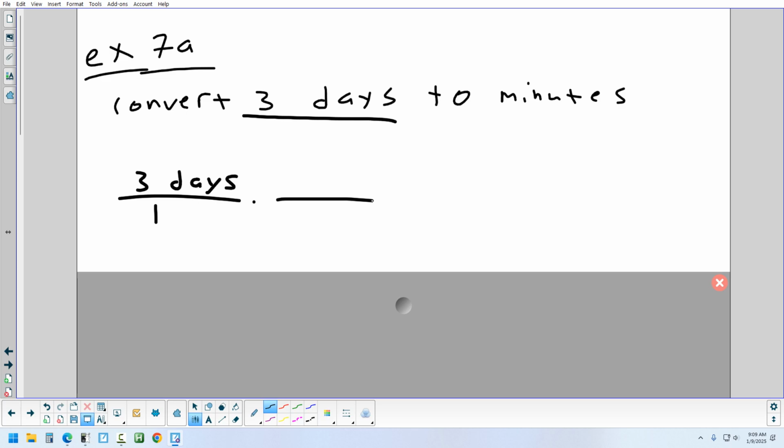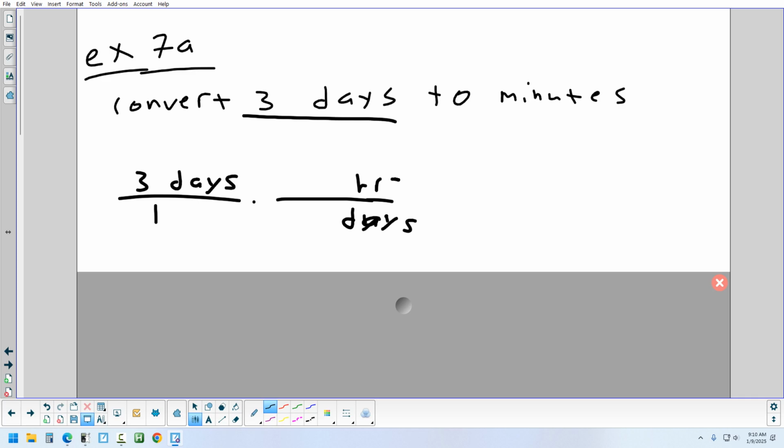Okay, so what's the next unit coming down from days, getting closer to minutes? Yep. Hours. So the first thing we're going to do is change to hours. So we're going to make days disappear. We're going to turn it into hours. Where would we want days to go in the second fraction so it cancels out days in the first fraction? We want days in the bottom.